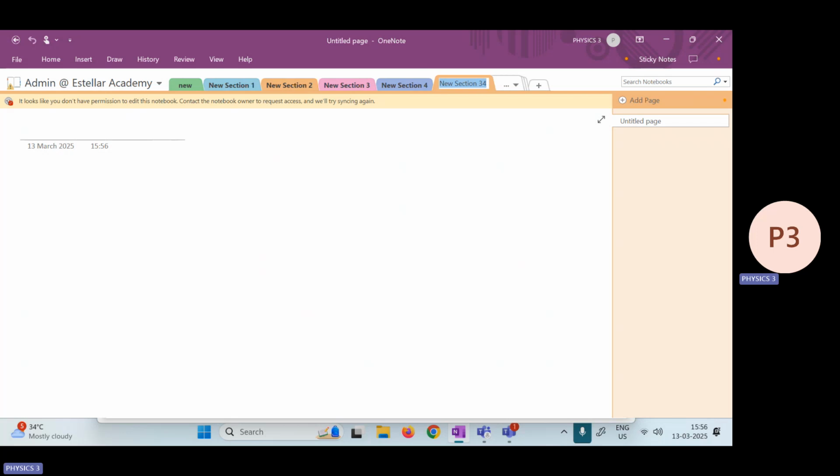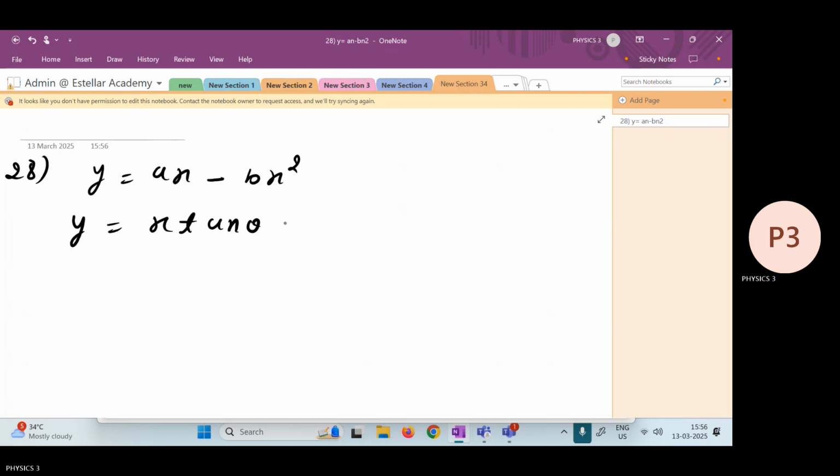Let's go for the next question. The 28th question, we have given the equation of projectile is y is equal to ax minus bx square, and we have asked its horizontal range. So we know that the equation of trajectory would be given by y is equal to x tan theta into 1 minus x upon R. So we will write our equation in terms of this only.